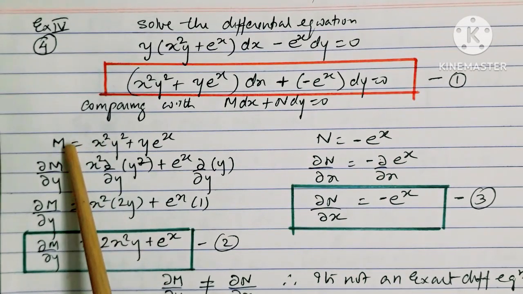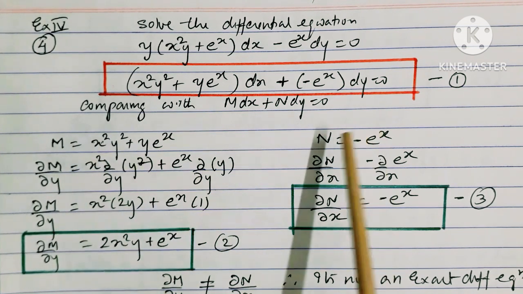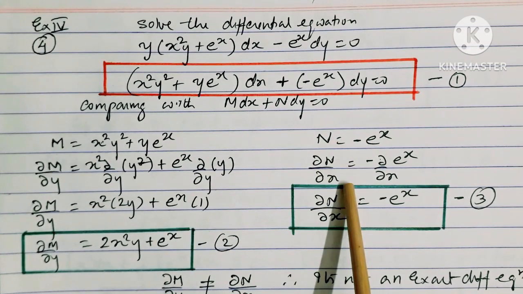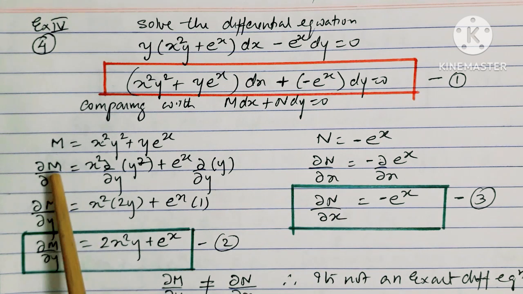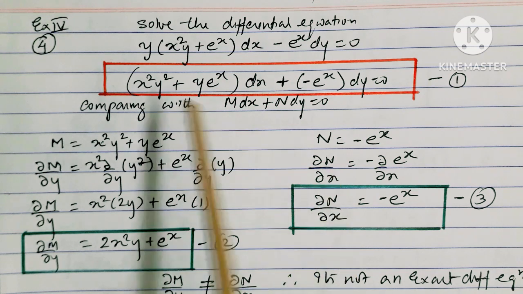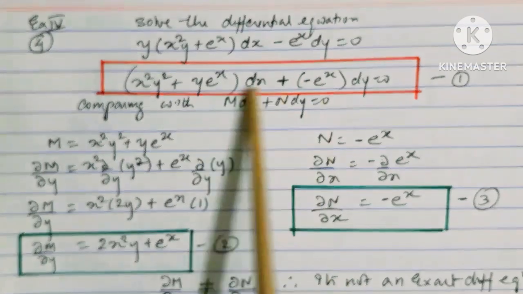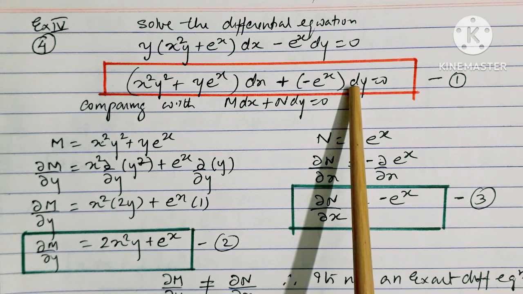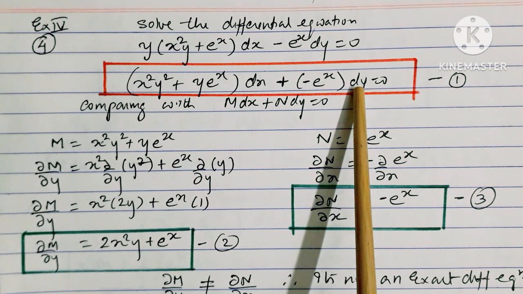Now we'll have to first differentiate M partially with respect to y and then differentiate N partially with respect to x, and if ∂M/∂y is equal to ∂N/∂x, then we can call this given differential equation an exact differential equation.